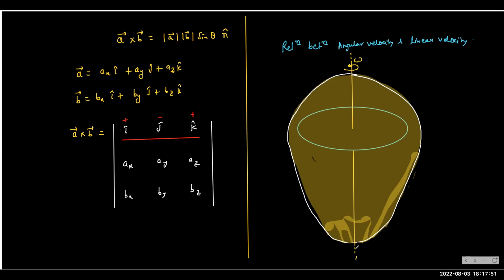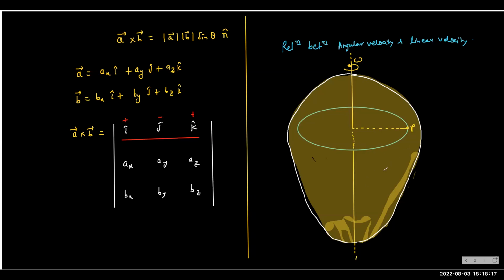And because it is spinning about the axis, if you draw any circle which has its plane normal to the axis, you can easily find the velocity of any point P. And to find the velocity, there are some unsaid rules which you are not aware of. So the rule is simple.